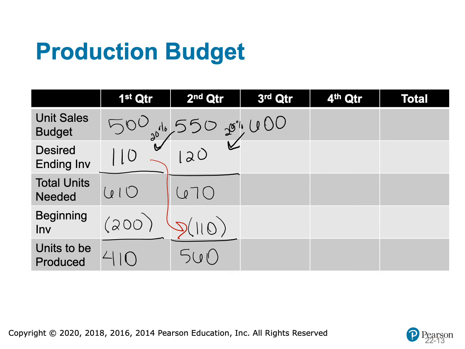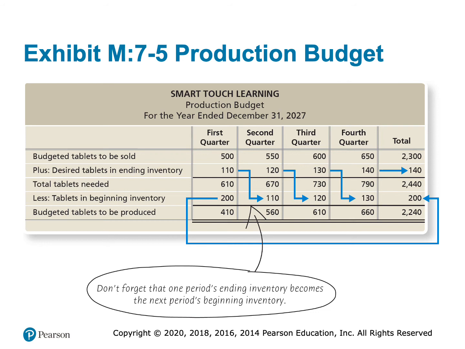So now I want you to pause the video. You try quarter three and four on your own, and then we'll come back together and check it. So, did you get it right? So let's start with quarter three. So we already knew that quarter three was 600 units expected sales. We wanted desired ending inventory equal to 20% of quarter four sales, which are 650.